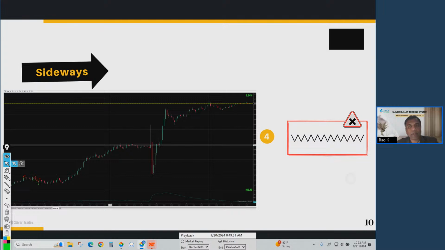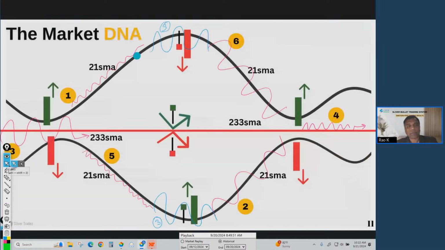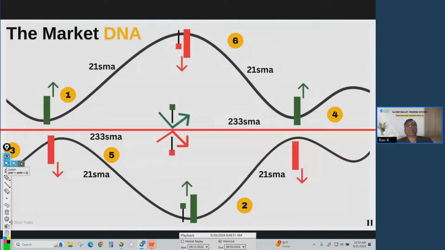Now, this is the most important slide of this presentation. This is our signature take on the market. We call this slide the market DNA.